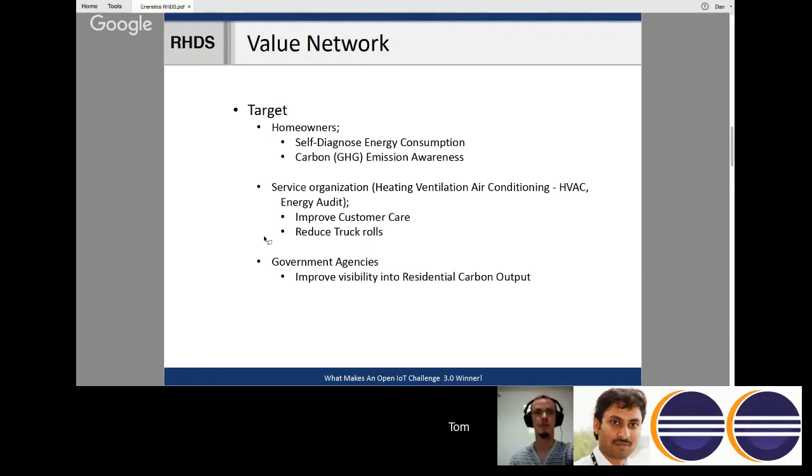That's going to improve performance and customer care. We also see value for government agencies, where we give them visibility into residential carbon output so that they can judge and audit the value of their energy efficiency programs.